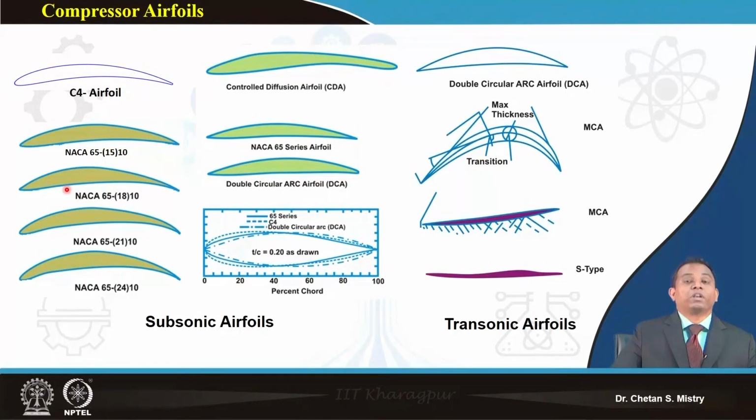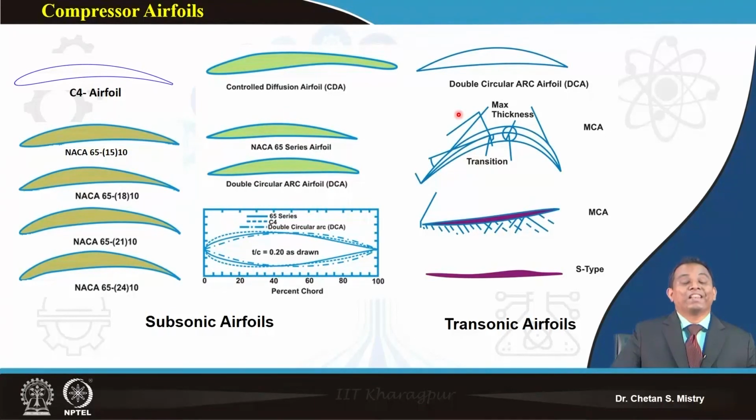For the hub region, we have the flow subsonic, where we use this kind of airfoils. When I talk about a fan that has a larger diameter, or a larger blade height, near the tip region, above 80 to 85 percent, your flow will go transonic, and in that region we use this kind of airfoils.